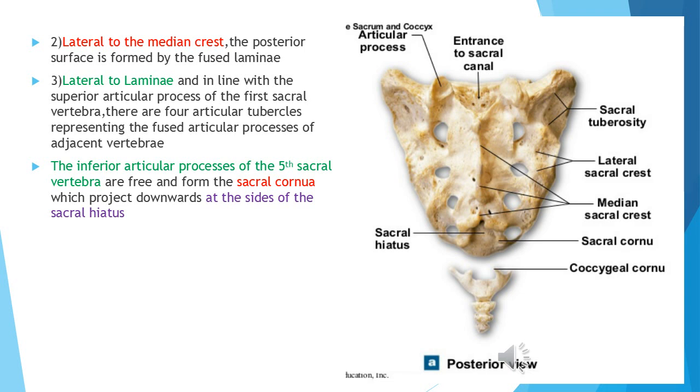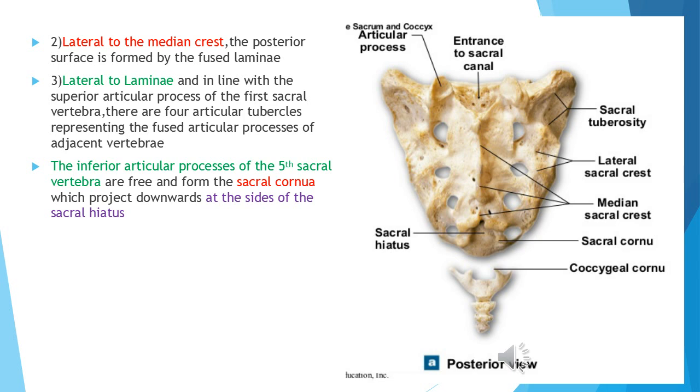The dorsum of the sacrum. Remember that there is a median sacral crest, formed by the fusion of the spinous processes of the vertebrae. It is represented by spinous tubercles. Then further laterally, there is a fusion of the laminae.